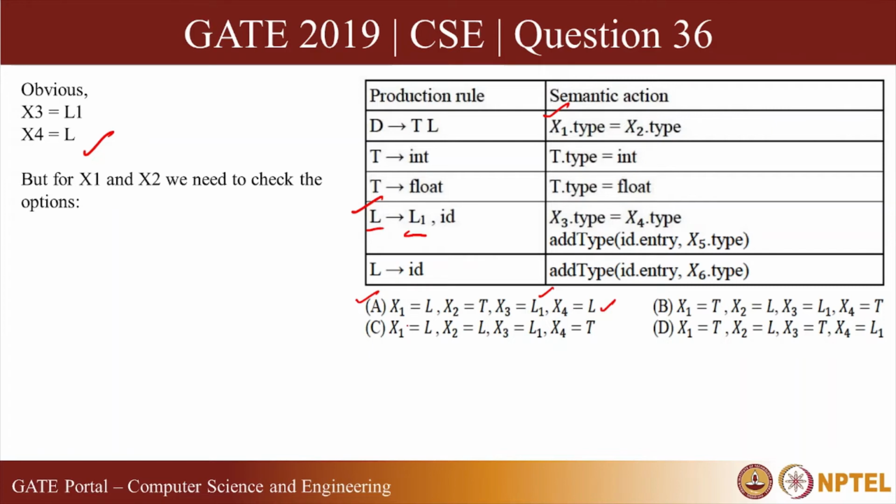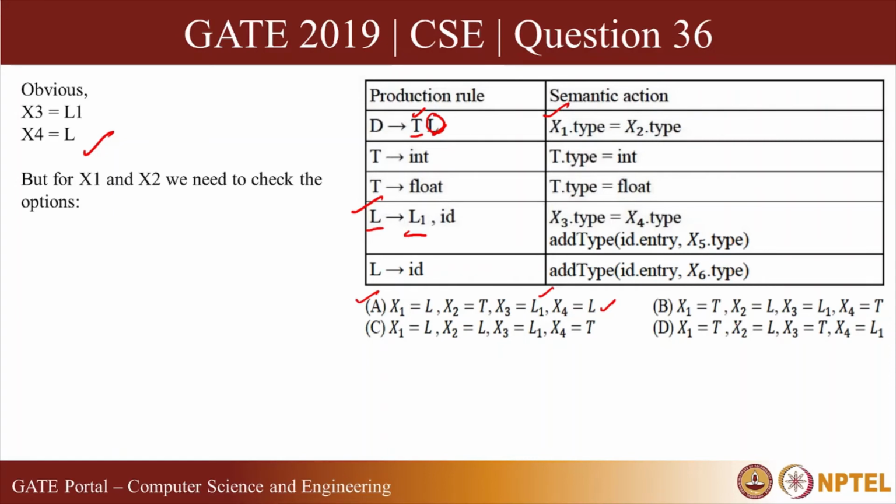Here x1 is L and x2 is T. That means L is taking the properties from T, and that is correct in terms of inherited attribute. So the first option, x1 is L, x2 is T, and then x3 and x4 as above, is correct. So option A is correct.